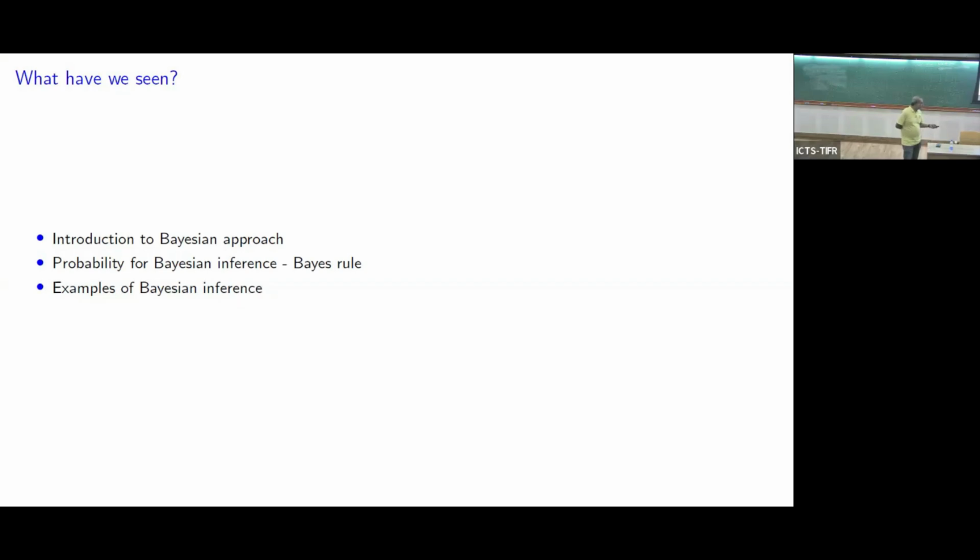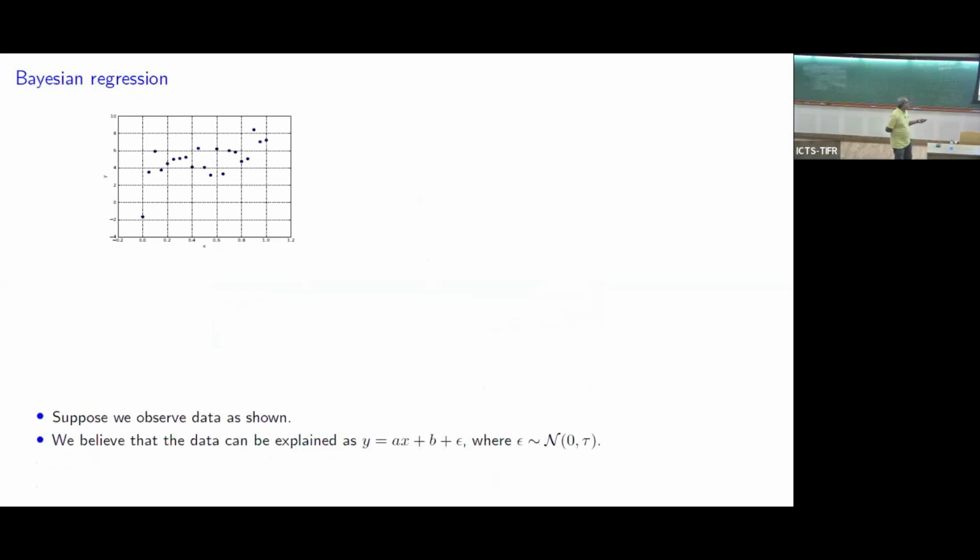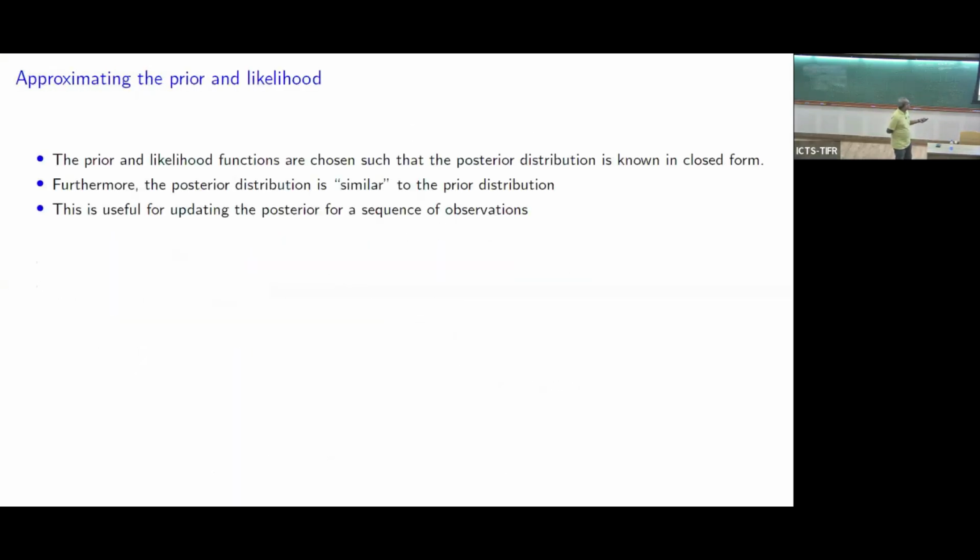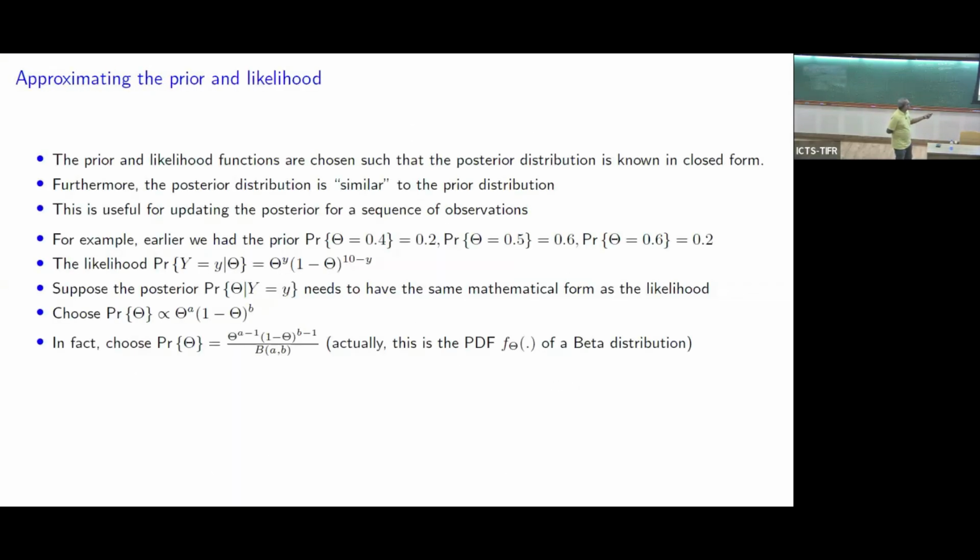If you assume both the prior and likelihood are Gaussian in nature, then it turns out that computing the posterior becomes easy. It is also Gaussian. You just need some formulae that tell you what is the mean of the new posterior as a function of the prior's mean and a function of the likelihood, something like that.